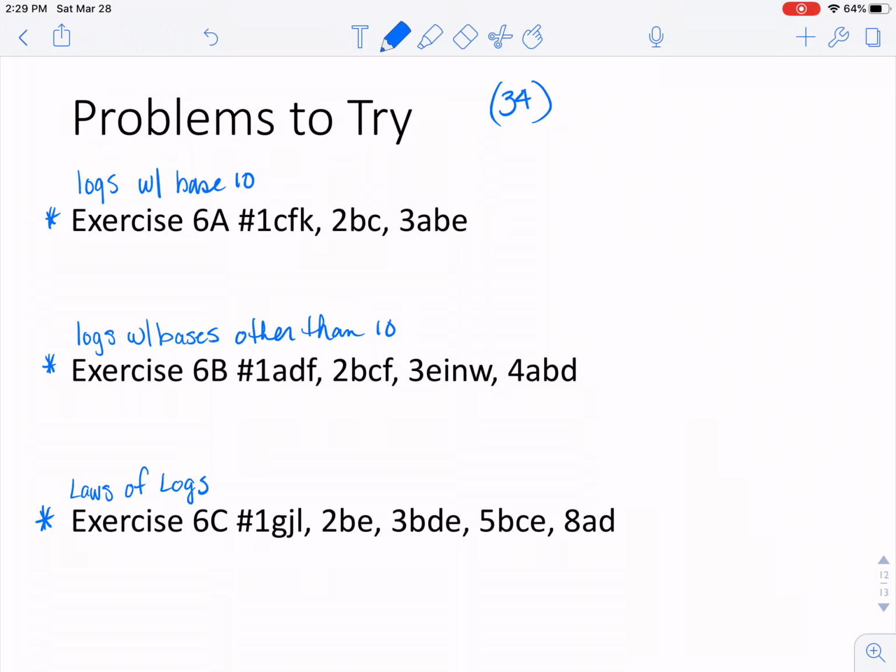Once you have them done, all I'm asking you to do is, I'm not going to use a Google Doc, I think I'm just going to use an assignment on Schoology. All I want you to do is take a picture of it and upload the picture to the Schoology doc. I'm still playing with that and trying to figure out the best way.